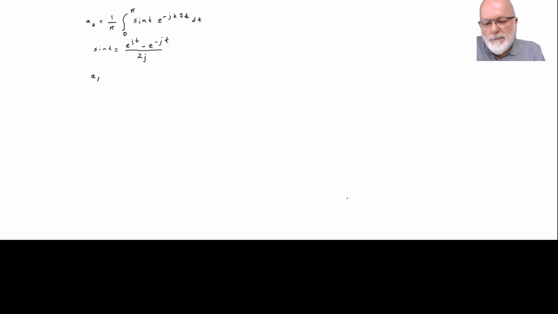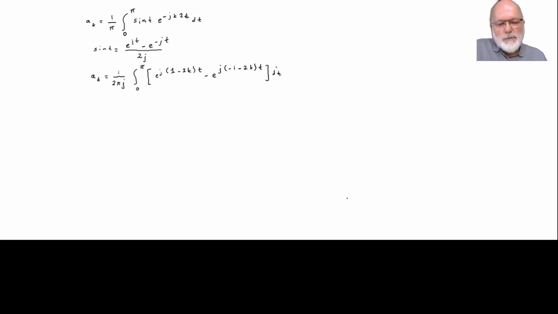So a_k becomes, we can take that 1 over 2j outside the integral, 1 over 2 pi j, the integral from 0 to pi of e to the j (1 minus 2k) t minus e to the j (minus 1 minus 2k) t, integrated with respect to t.